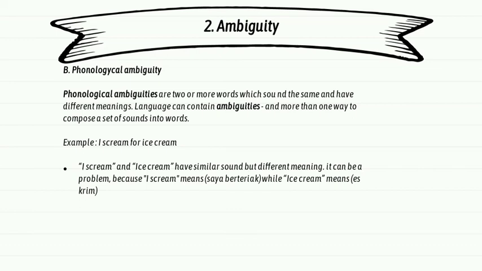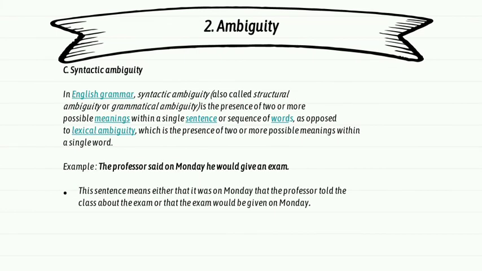Okay, next, syntactic ambiguity. In English grammar, syntactic ambiguity, also called structural ambiguity or grammatical ambiguity, is the presence of two or more possible meanings within a single sentence or sequence of words, as opposed to lexical ambiguity, which is the presence of two or more possible meanings within a single word.